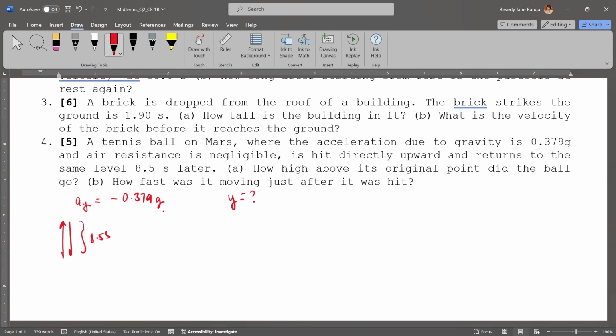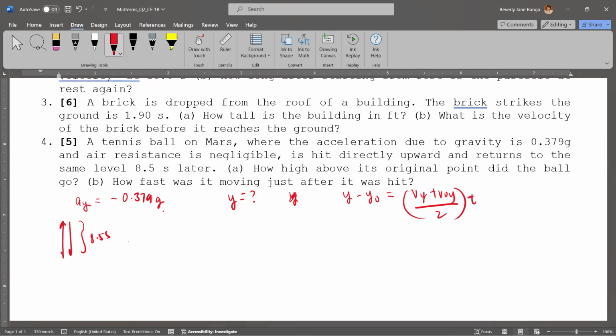Okay? So we have the equation, ano ba yung alam natin, no? ay, time, and that's it, no? That's it. So we want to get y. Ano ba yung equations na may y, na may ay, tsaka may time? So either we use the second, y minus y naught is equal to vy plus voy over 2 times time.